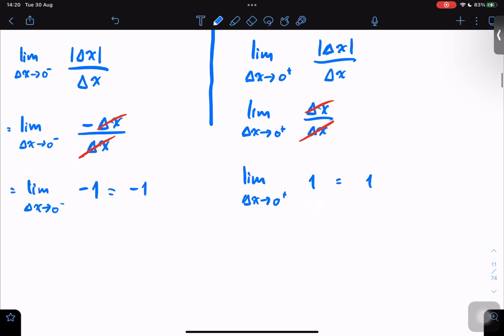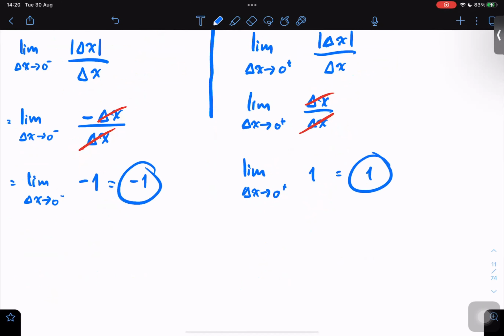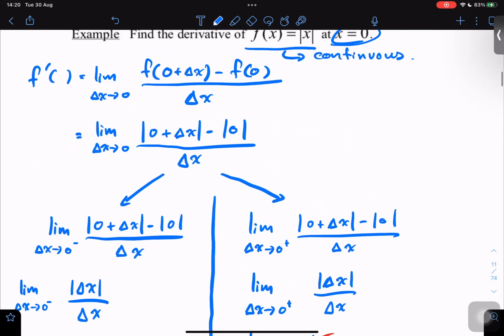You can see that the limit from the left is not equal to the limit from the right. That means the limit does not exist, which means that this derivative does not exist.